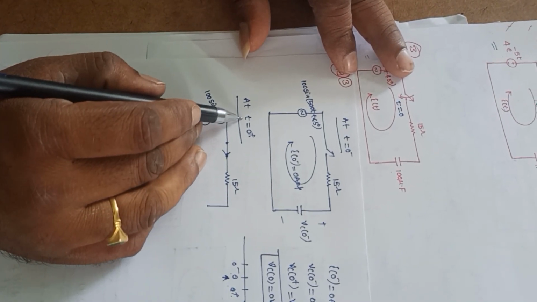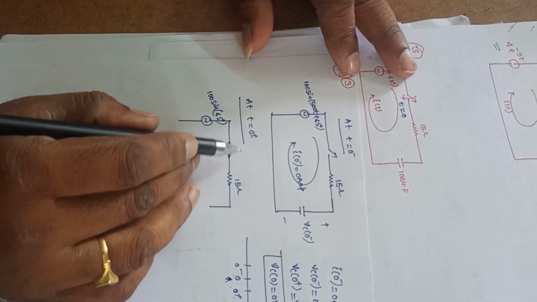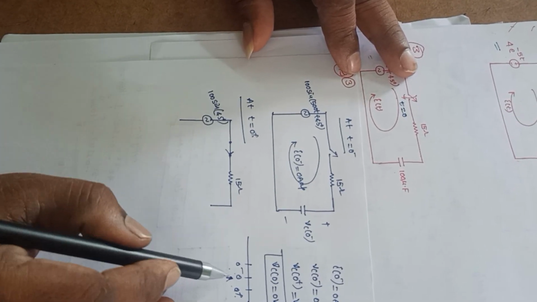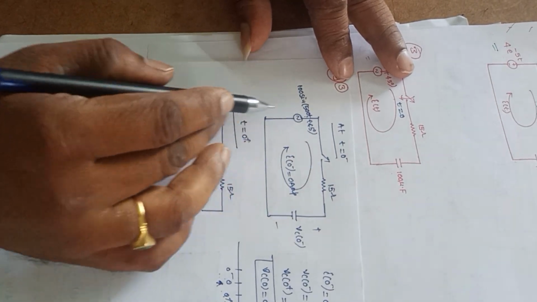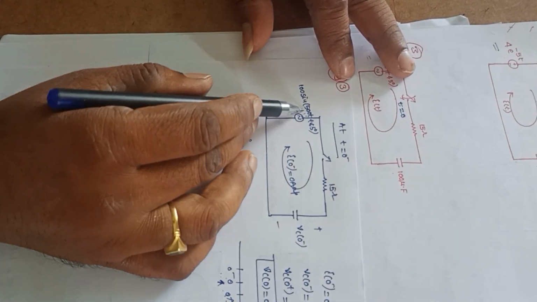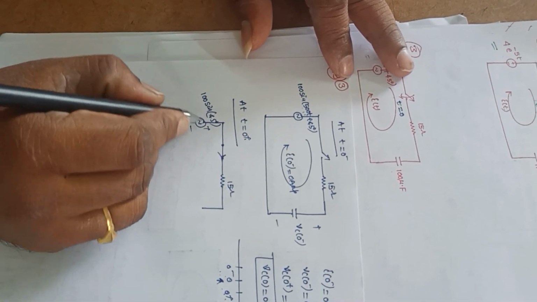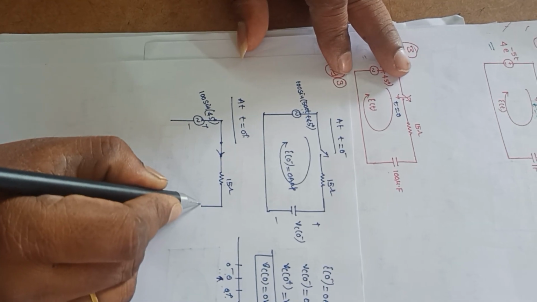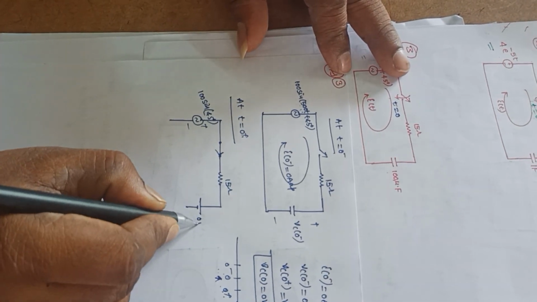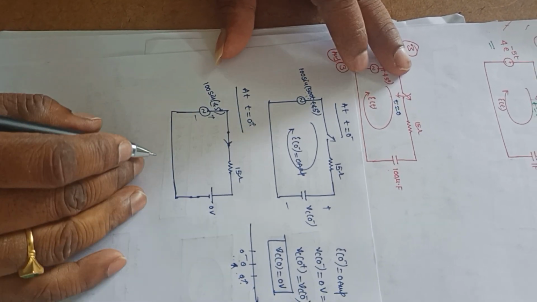Because I need to calculate the current at t is equal to 0. At t is equal to 0 plus the switch is closed. So if I substitute t is equal to 0 here, it will become sin 45, 500 into 0, sin 45. Since it is constant, it will act as a DC supply. For this DC supply, for t greater than 0, the initial voltage is 0 volts, and the capacitor will act as a short circuit for the DC supply.